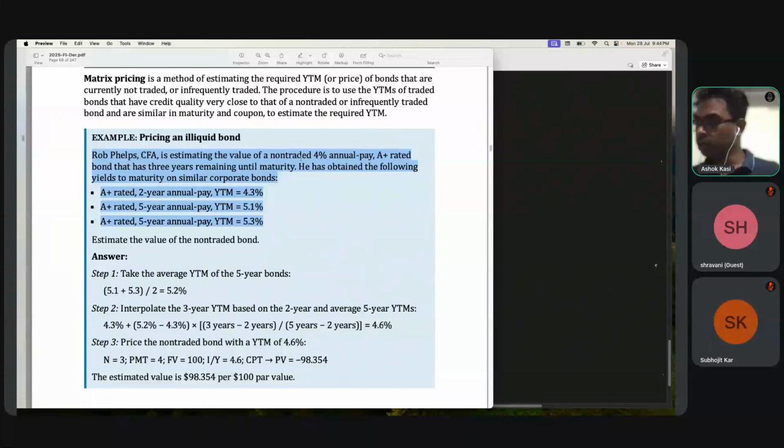Because it is a non-tradable one, we are going to see similar traded bonds. Similar means A plus rated bonds. But our bond is a 3 year bond, whereas these are 2 year and 5 year bonds. So we have to proportionately calculate the YTM.